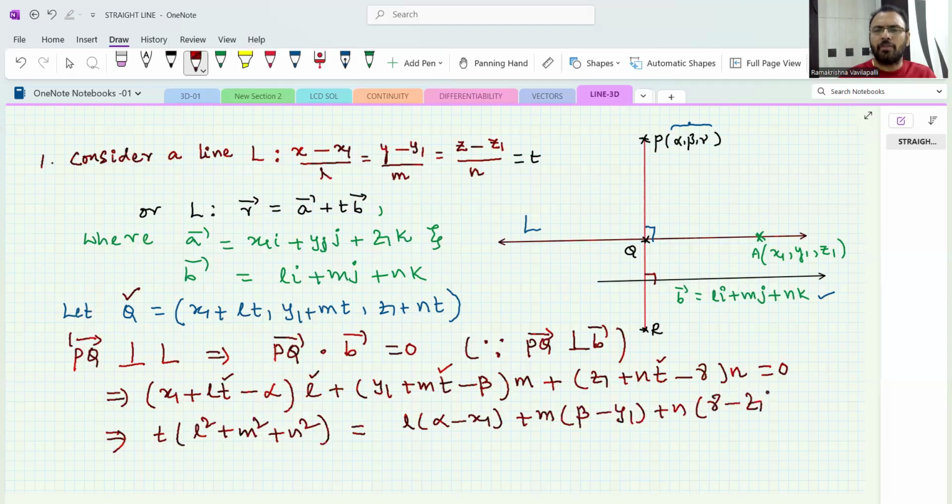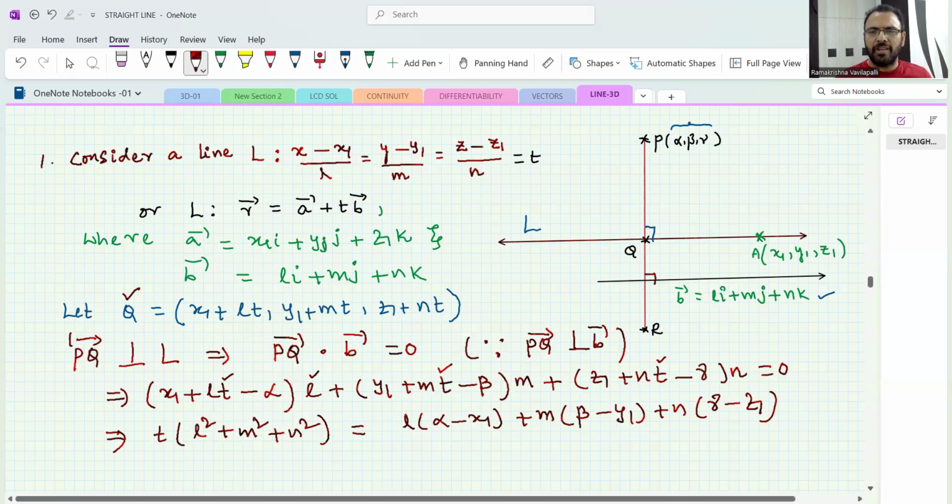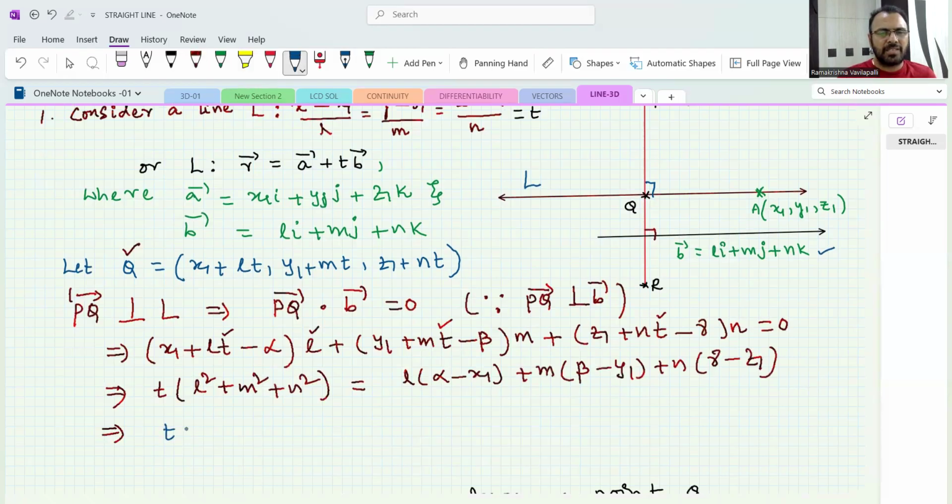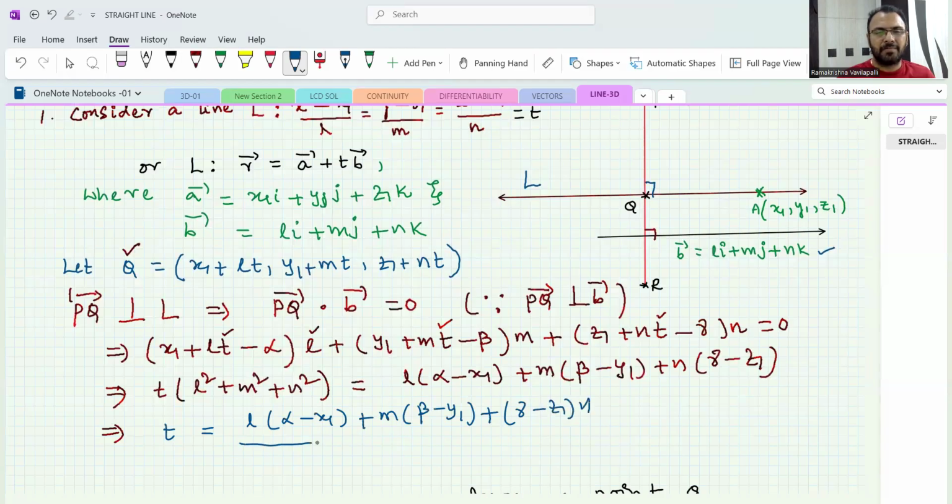It is so simple once you remember the dot product of two vectors. But you need to identify the general point on the line. So now we got the value of t: t is equal to L(alpha minus x1) plus M(beta minus y1) plus N(gamma minus z1), whole divided by sigma L square.